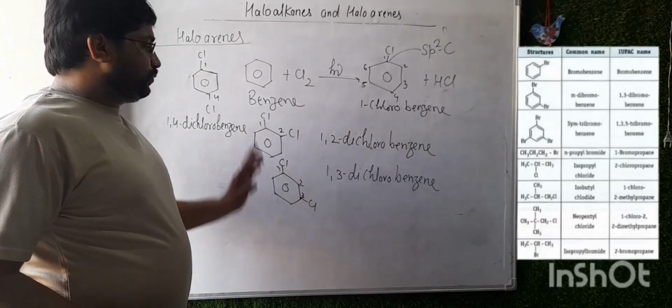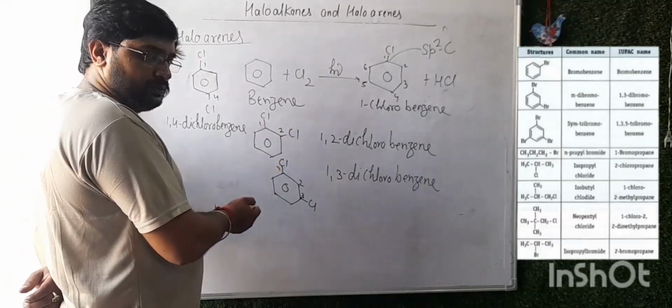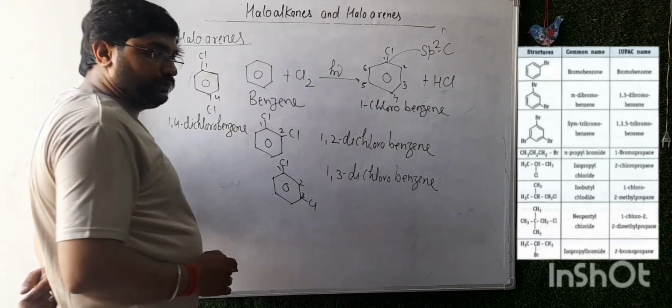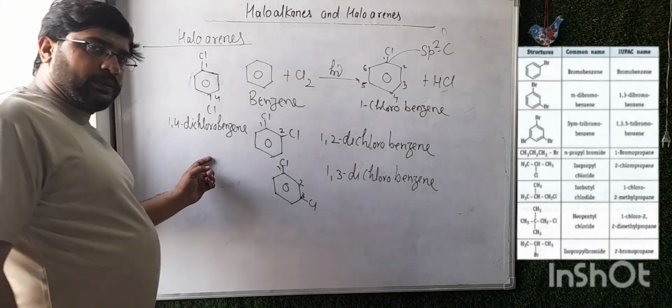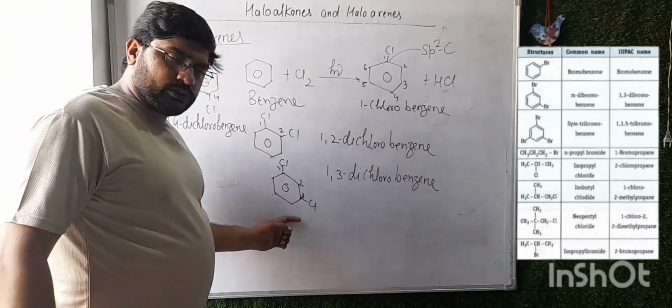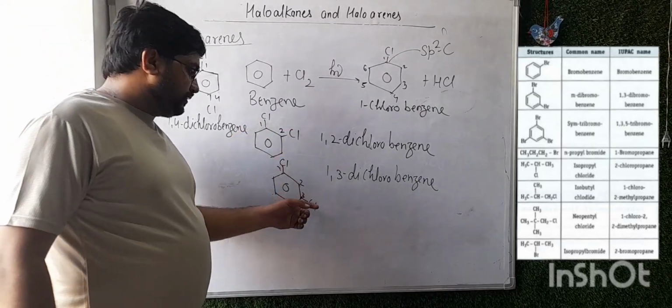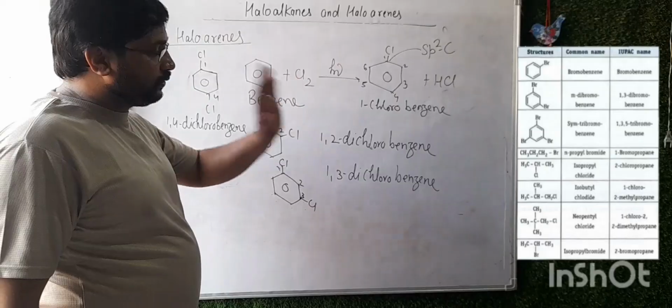The 1, 2 position is called ortho position, 1, 3 is the meta position, and 1, 4 is called para position. So we write para-dichlorobenzene, ortho-dichlorobenzene, and meta-dichlorobenzene.